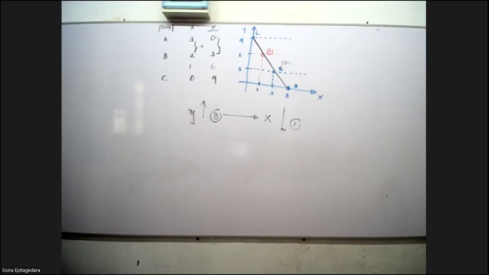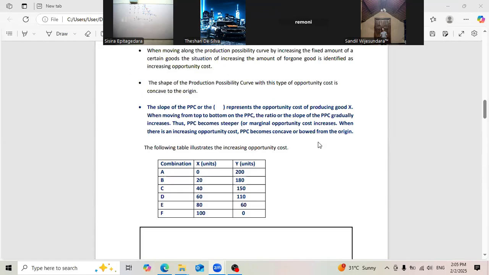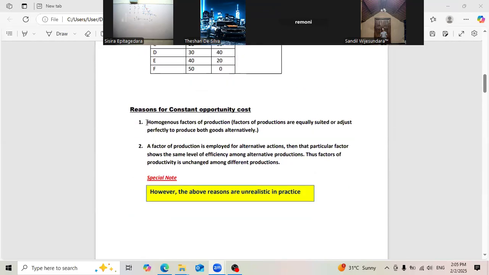If I share the screen, can you see the screen, Lamai? These are the factors. Can you see the screen? If the PPC curve is a straight line, remember, factors of production should be homogeneous.